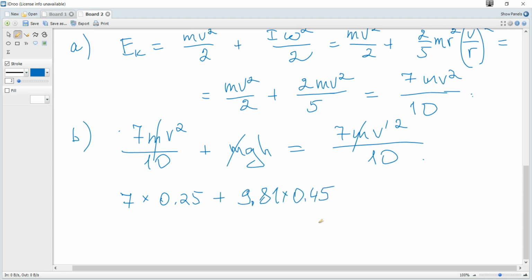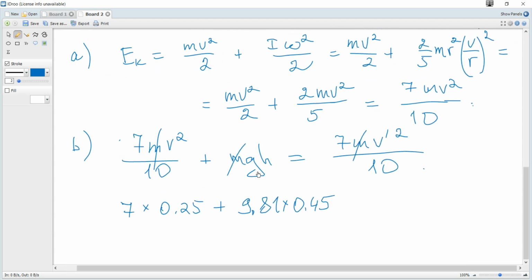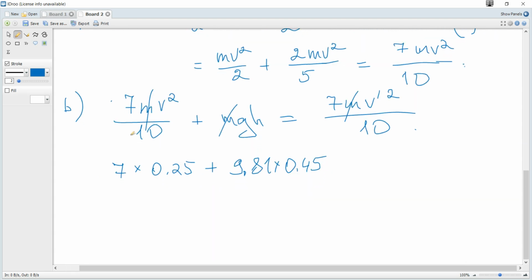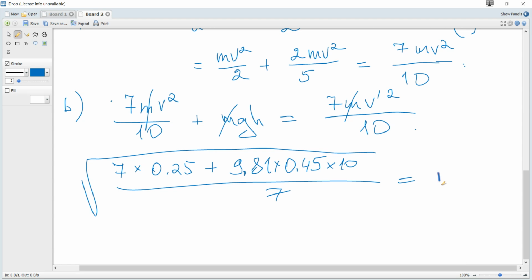Notice that the height must be in meters, and it is given in centimeters. We multiply everything by 10, so times 10, and you can see it becomes 7 v prime squared. So we divide by 7 and then take the square root to get v prime.